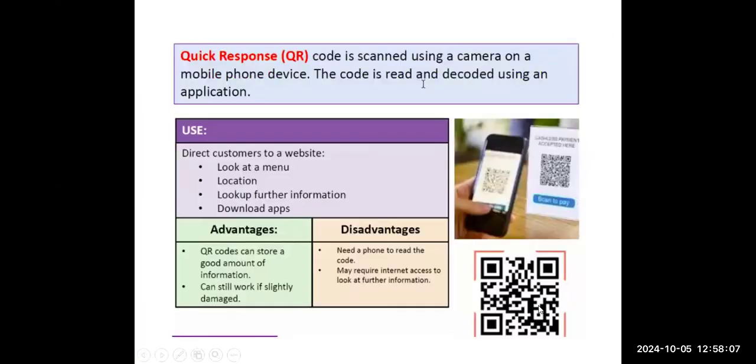What about the quick response, or QR code? You know that you can use it for accessing the Wi-Fi if you go to your friend or your cousin, instead of writing the password of the router. And there is the location use.